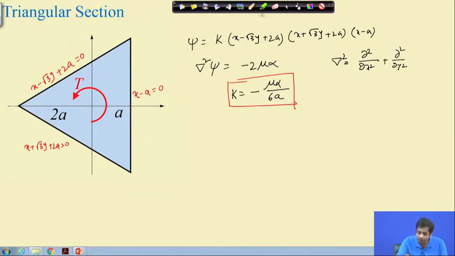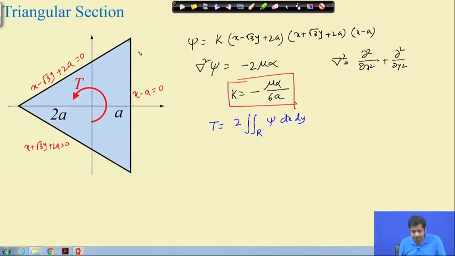Now, the end boundary condition is at the end where torsion is being applied, and the relation between the torsion T and the stress function psi, we know, is T equal to 2 times the integration over the cross section of psi dx dy. Now, the expression of psi is known with k, and we can substitute this and integrate the entire thing over this triangle.